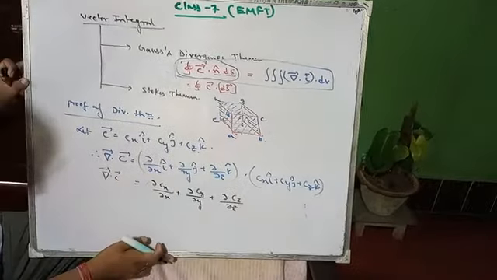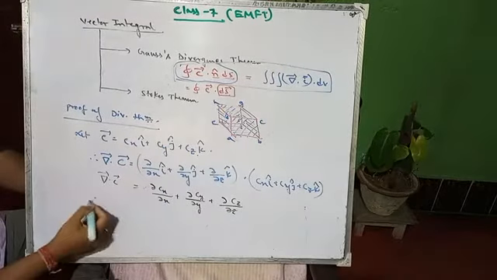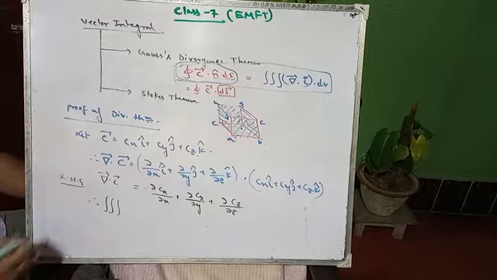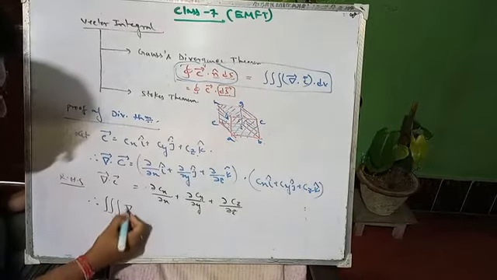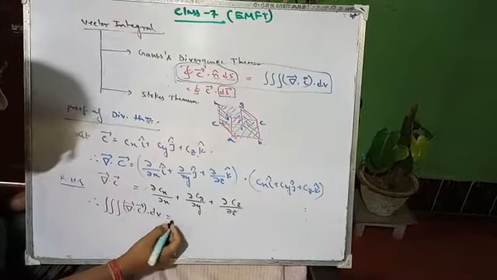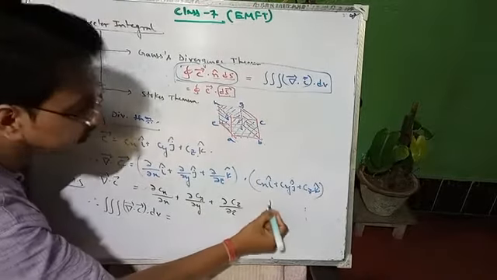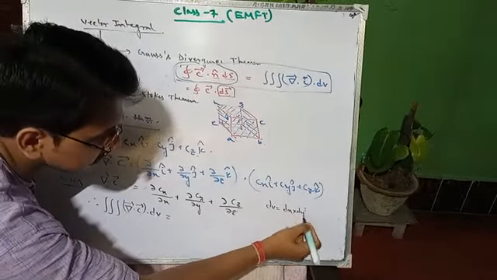So now you have to integrate over the volume. I am taking the right hand side first. The divergence of C over a certain volume dV, which equals what? What do you mean by dV here? dV is nothing but the volume element, the multiplication of dx, dy and dz.